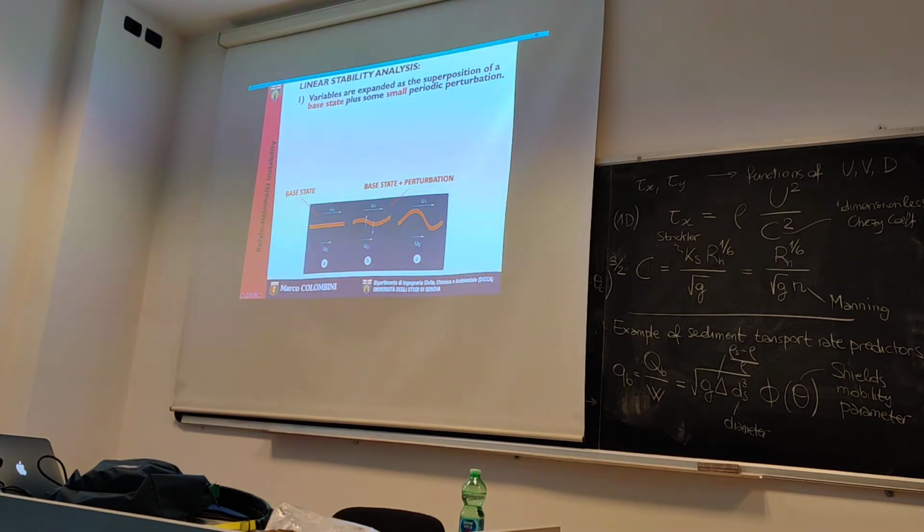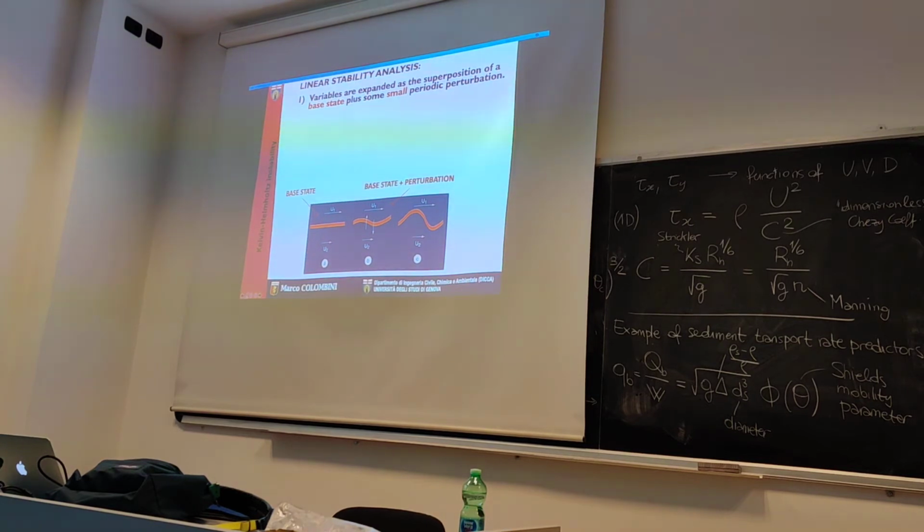you think of the phenomenon as the superposition of two states. You know that when you have a linear equation available, let's not talk about linearization, then you can superimpose different solutions, which means I have solution A, which is a solution of some linear equation.